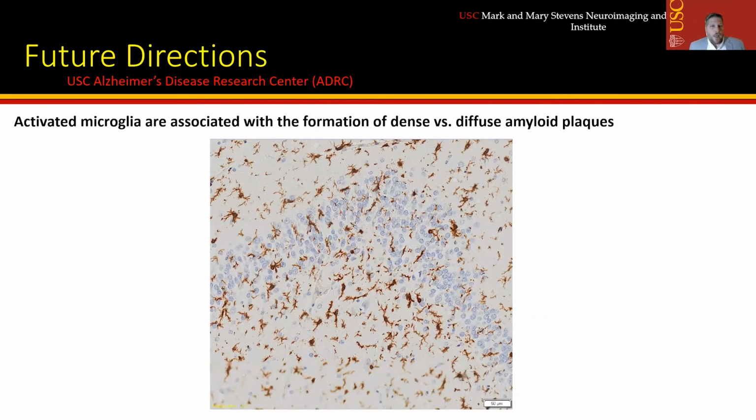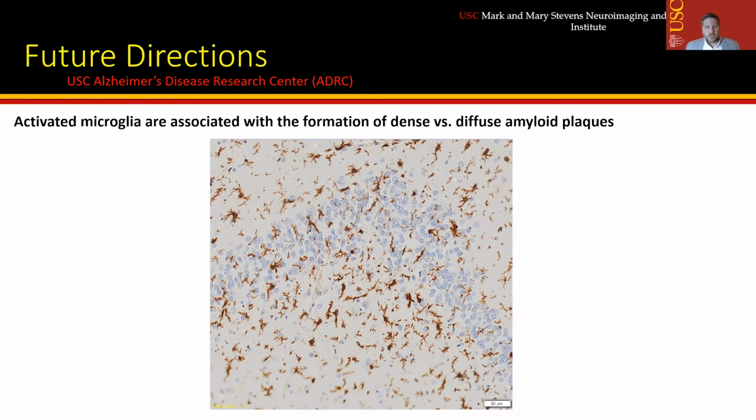Finally, I want to leave you with a little bit of a future direction that we're working on. In addition to working to correlate this data with the MRI imaging that you heard about earlier, we're also trying to investigate another brain cell that plays a critical role in Alzheimer's disease and supporting healthy neuron function. These are the microglia.